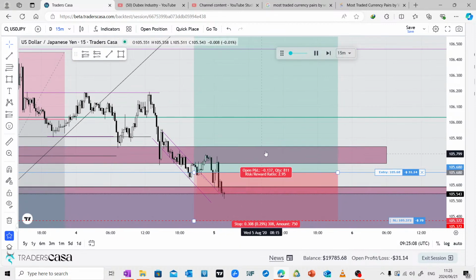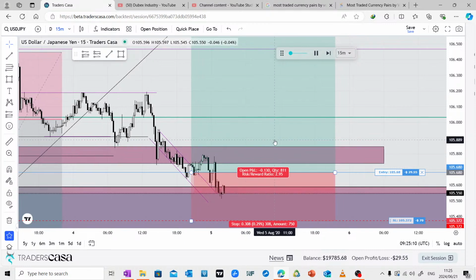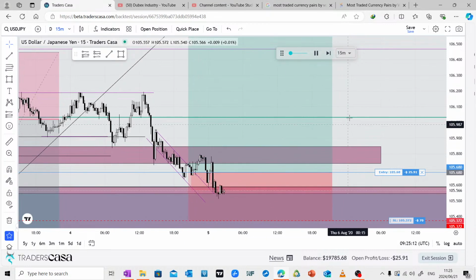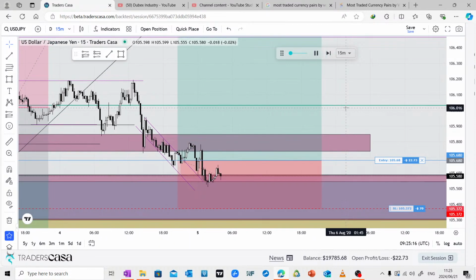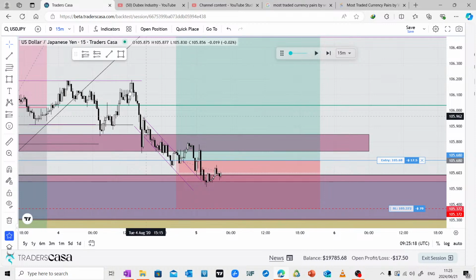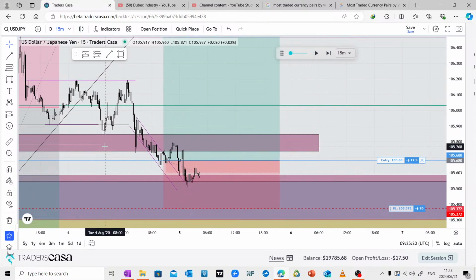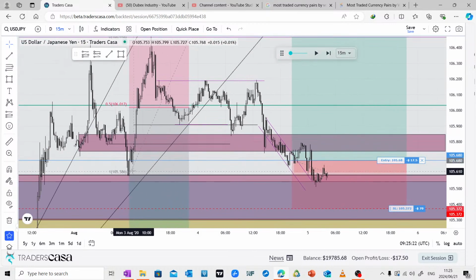Got tagged out in our bigger trade, still in the smaller one now. We have lost a couple of bucks, but let's pause it and check whether we have, okay, we've total souped these orders right here.